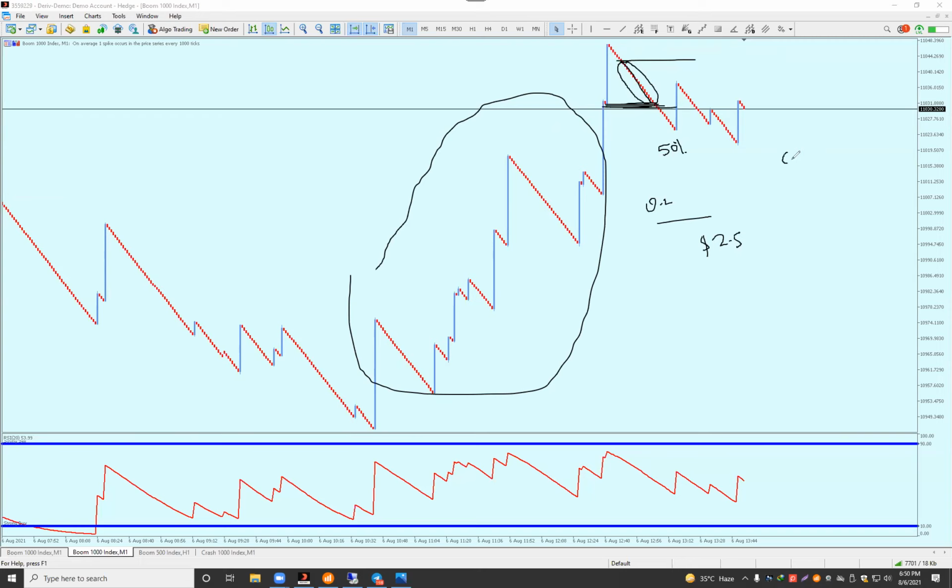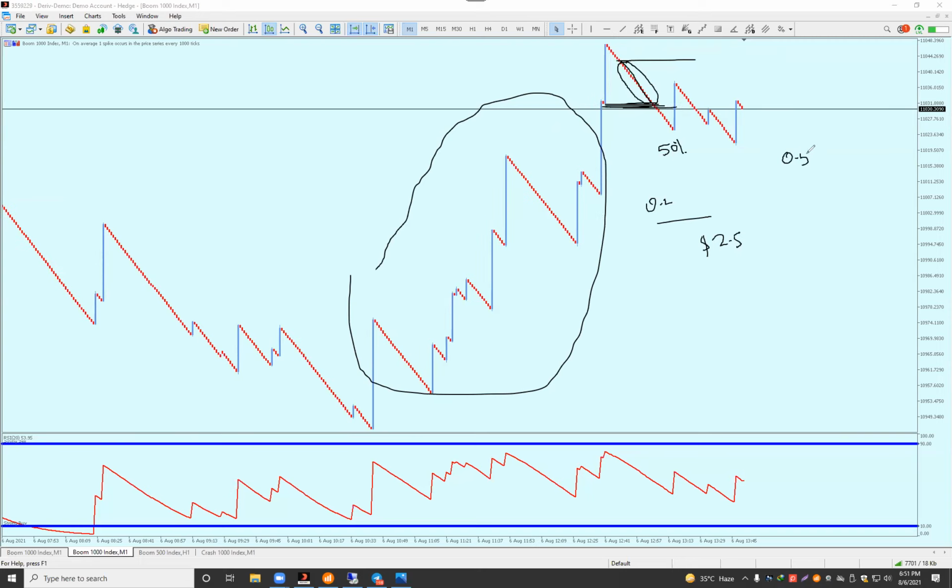If you have a 0.5 lot and you don't want to close all the trade, then you can modify your trade. Close 0.3 and hold 0.2, because this loss you will save.